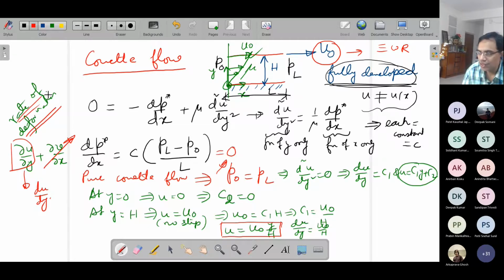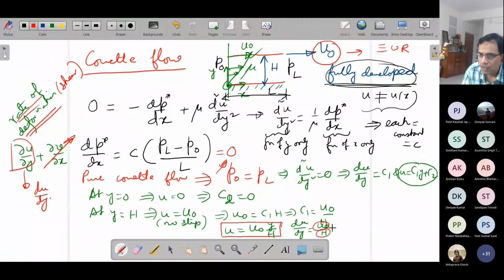In this case the deformation we are talking about is shear deformation. So this is rate of shear deformation, not linear, or the shear strain rate, which is u0 by h. If you are pulling the plate with a constant velocity u0 and h is a given dimension, this is a constant.